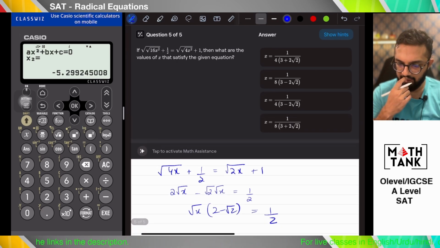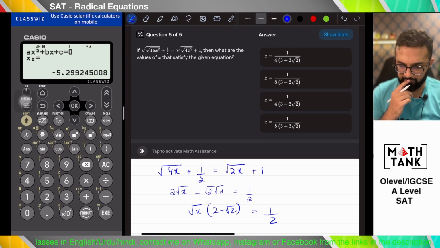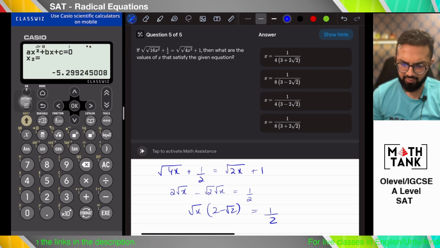Okay, why am I not getting all these 3's and all of that? Let me just check. My answer is radically different from what I would get from here. I'm not getting 8's and all of those. So I'm getting root of 4x from here and root of 2x from here.